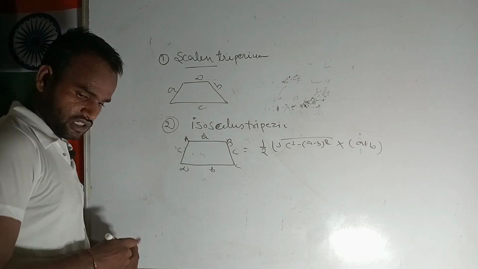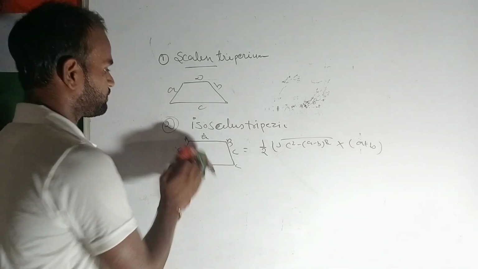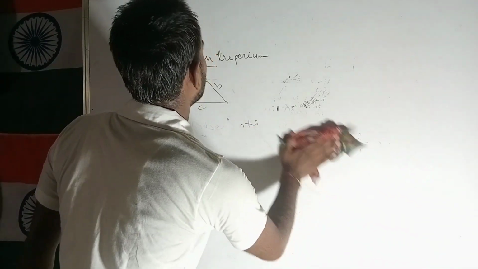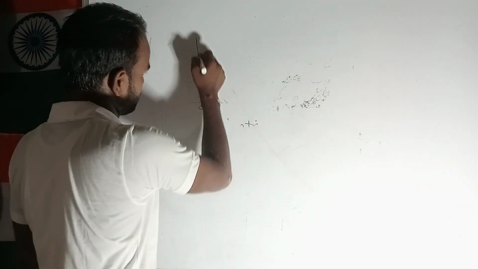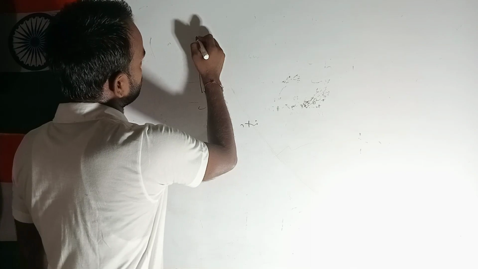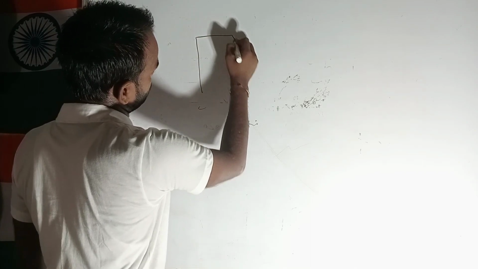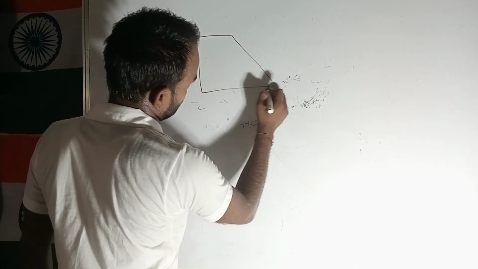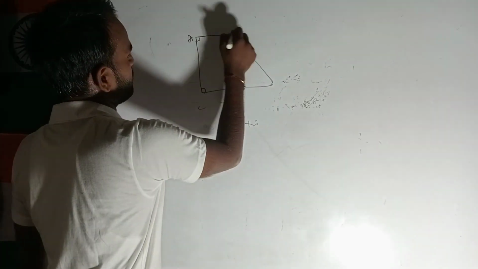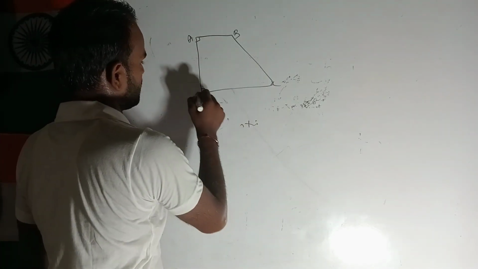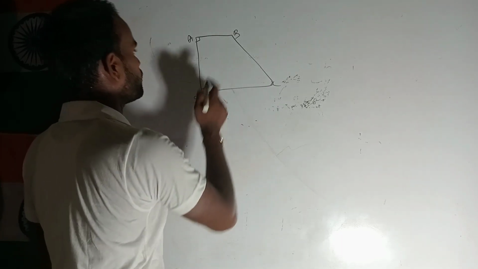Another trapezium is the right angle trapezium, meaning two angles will be 90 degrees. Let's suppose this will be your right angle trapezium. This will be 90 degrees, this will be 90 degrees. A, B, C, and D. The area will be the same.